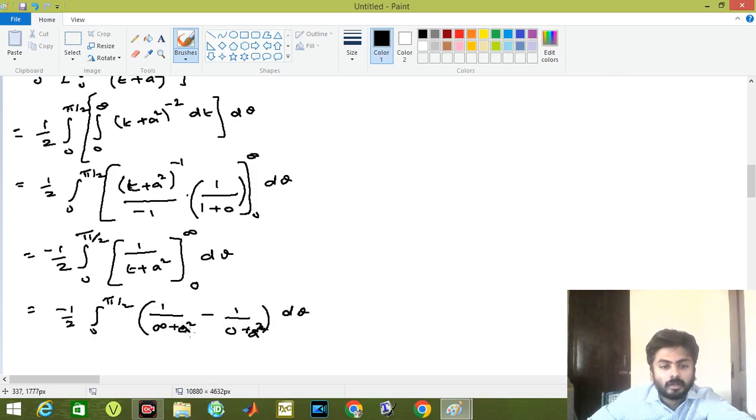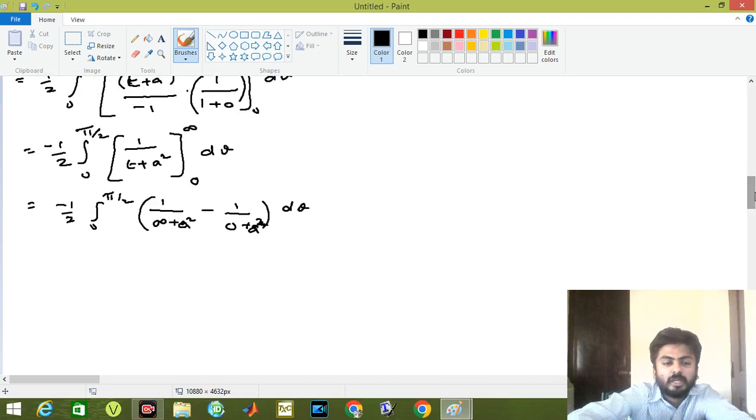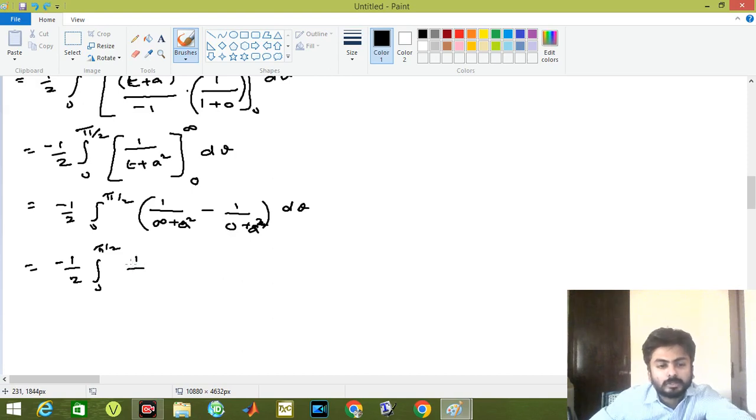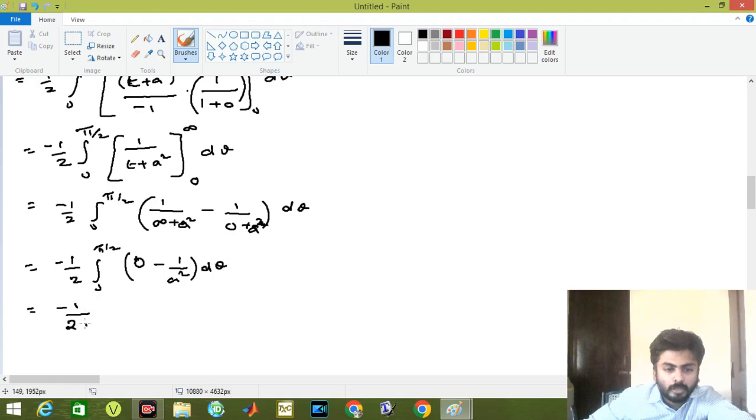Infinity plus anything will become infinity, and 1 by infinity will become 0. So it is simply 0 minus 1 by a square into d theta, which is equal to minus 1 by 2 a square, and this minus will come outside, so it becomes 1 by 2a square, integral 0 to pi by 2 into d theta.